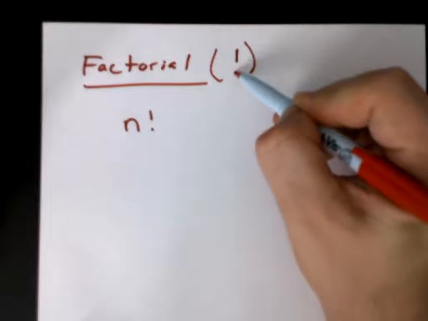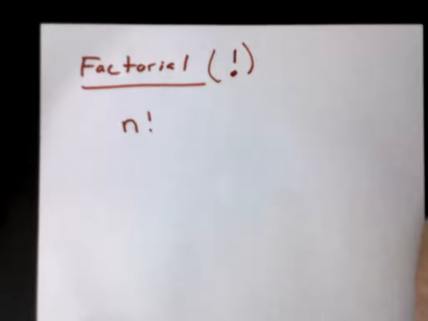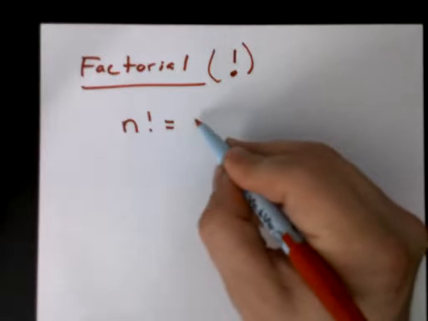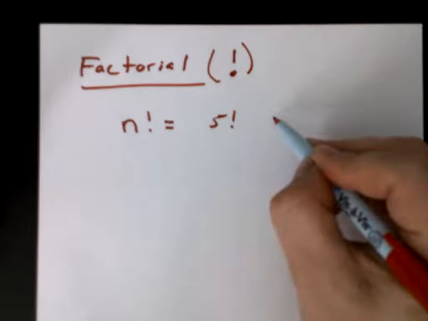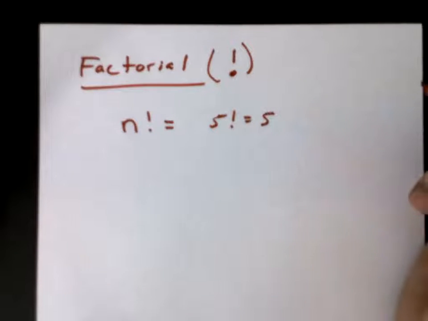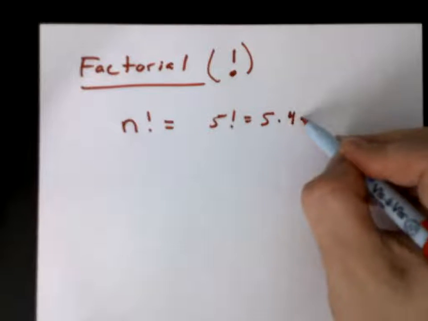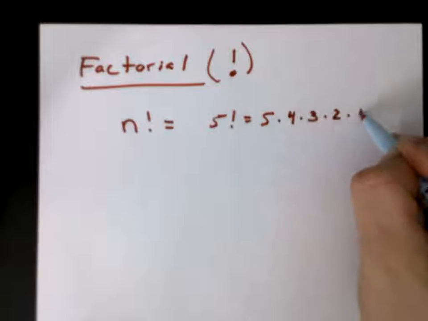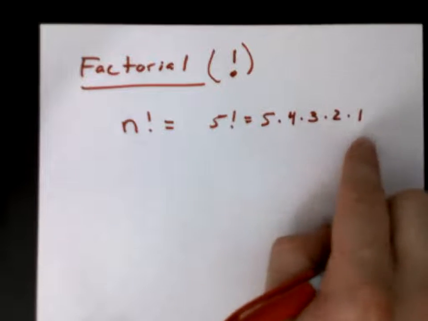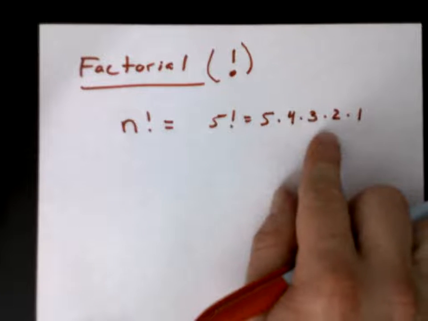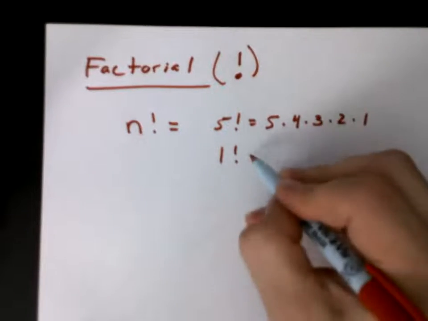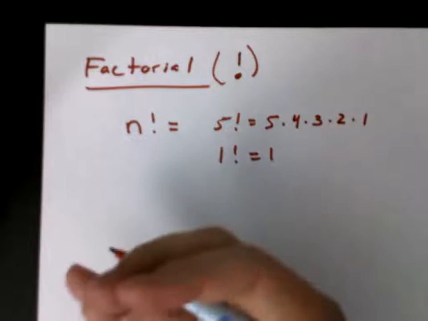I know it's written like an exclamation mark, but it's called a factorial. Really what it means is that you're taking some number, so let's take 5 factorial, for example. We're starting with 5 and just multiplying down: 5, 4, 3, 2, 1. We're multiplying. So 1 factorial is just 1.